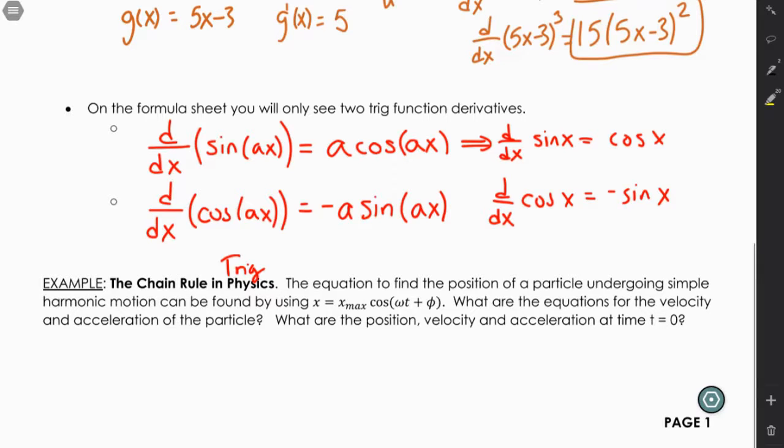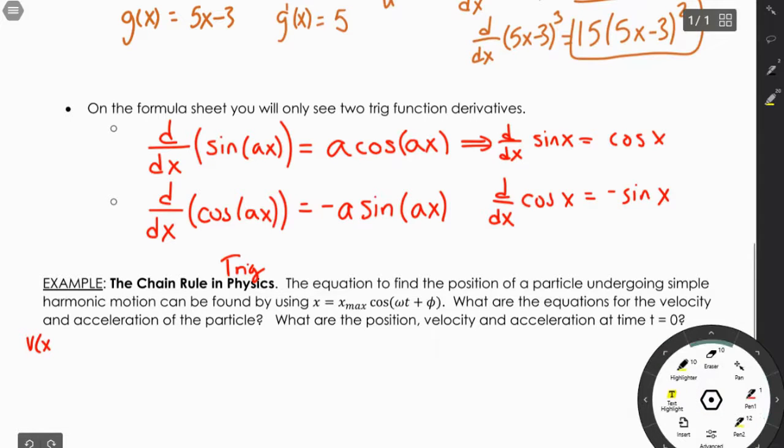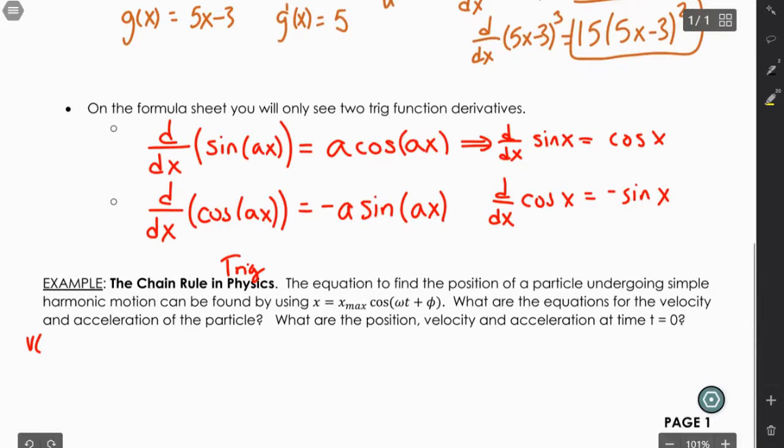So remember, velocity, or sorry, v of t, not v of x. So v of t is the derivative of x of t, and a of t is the derivative of v of t.